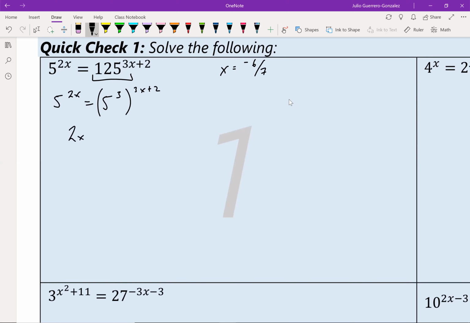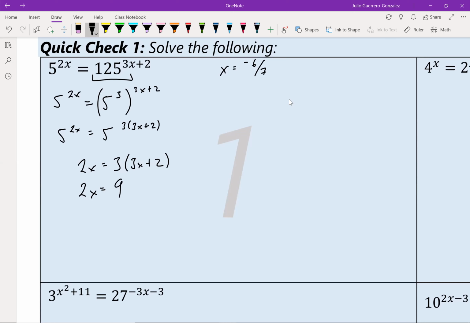So 2x is equal to 5 to the... let me write in the intermediate step: 5 to the 2x is equal to 5 to the 3x plus 2. Now we have our algebra problem. 2x is equal to 3x plus 2.